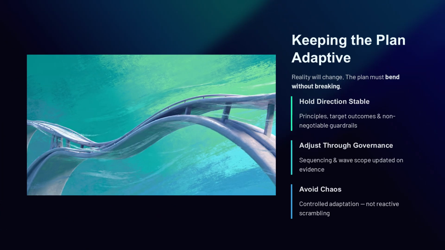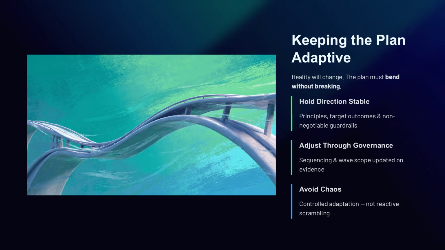With governance in place, you need adaptability because reality will change. New risks emerge, budgets change, vendor roadmaps shift, and business priorities move. An executable migration plan is not fixed, but it is controlled. You keep direction stable by holding on to principles, target outcomes, and non-negotiable guardrails.